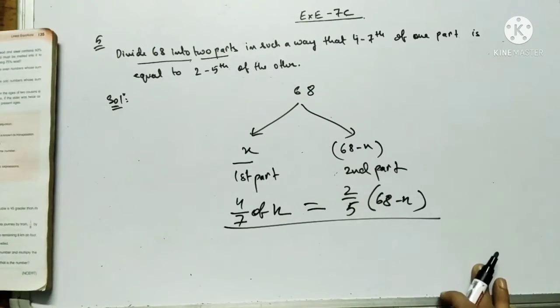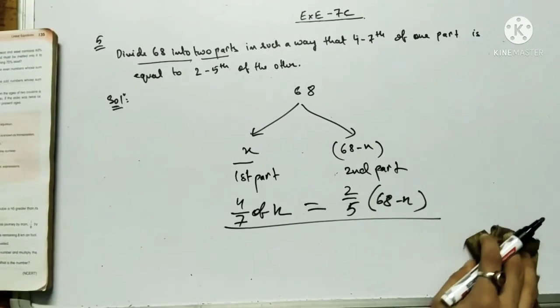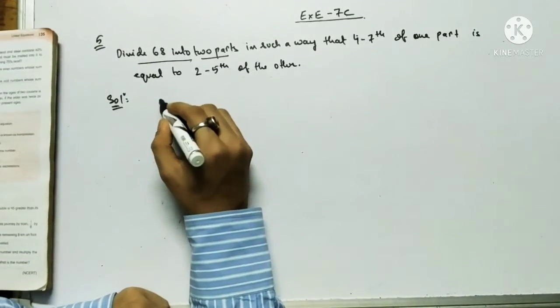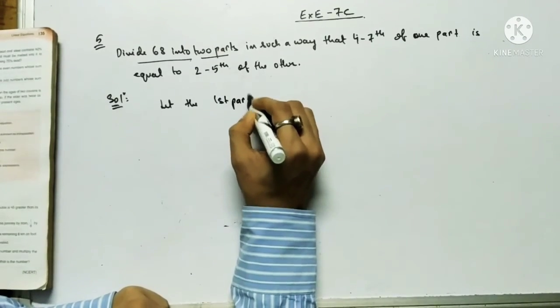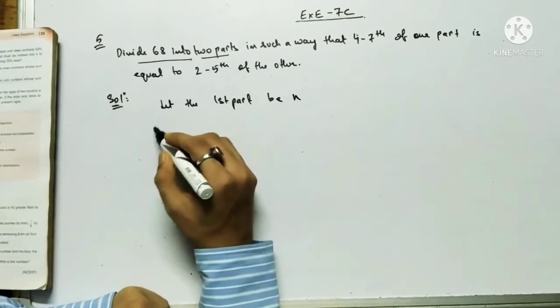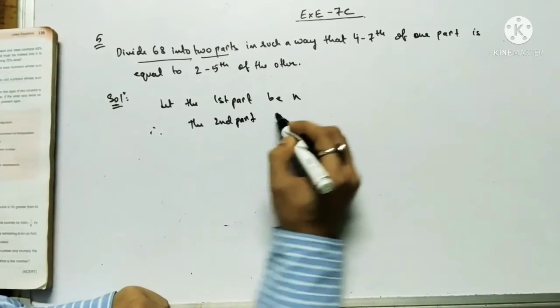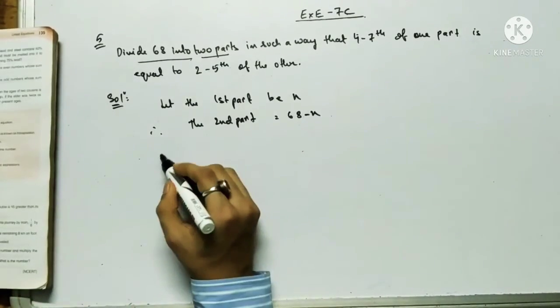So first of all, let the first part be x. Therefore the second part will be 68 minus x.